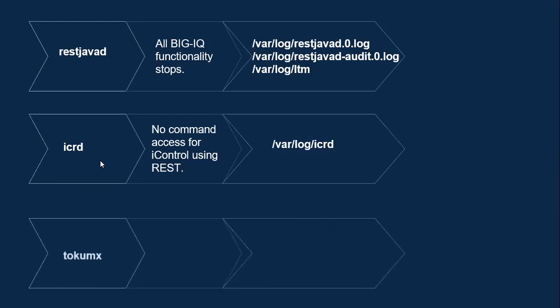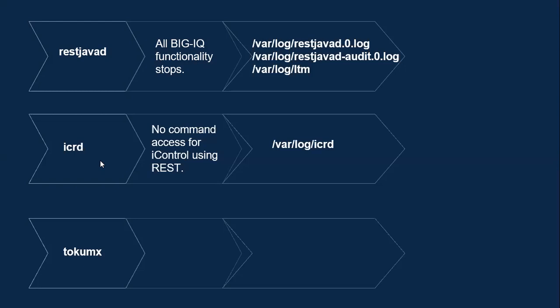The next important process is tokamux. This daemon starts and stops the BigIQ system configuration database. This was introduced in BigIQ version 5.0.0, but it is deprecated starting BigIQ version 7.1.0.